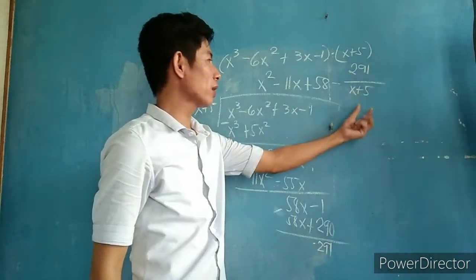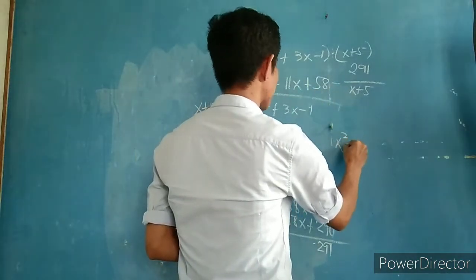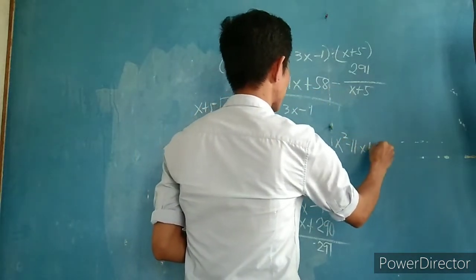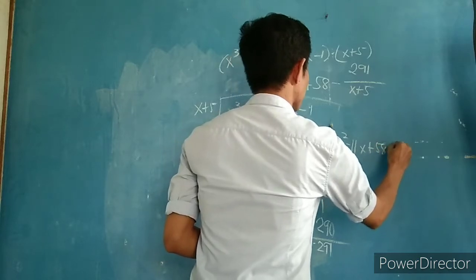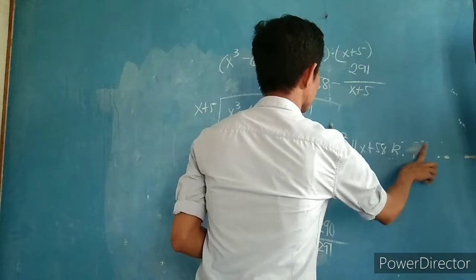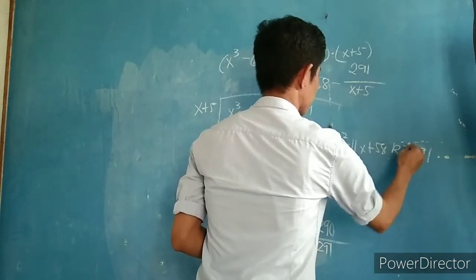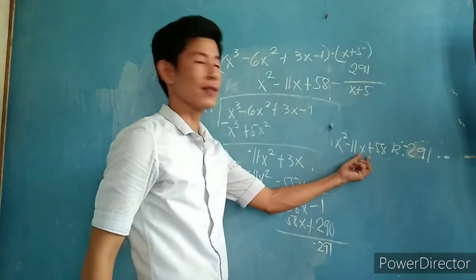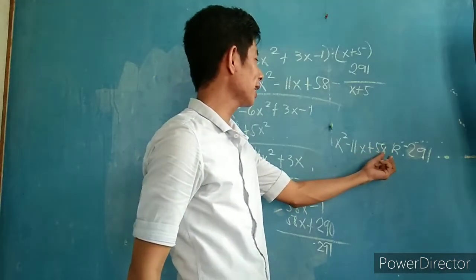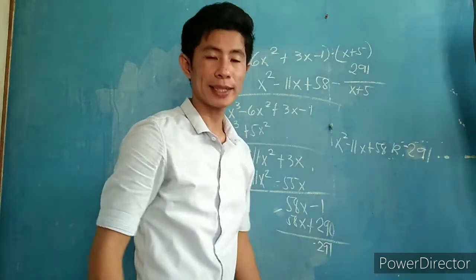We can also write that as x squared minus 11x plus 58, remainder negative 291.